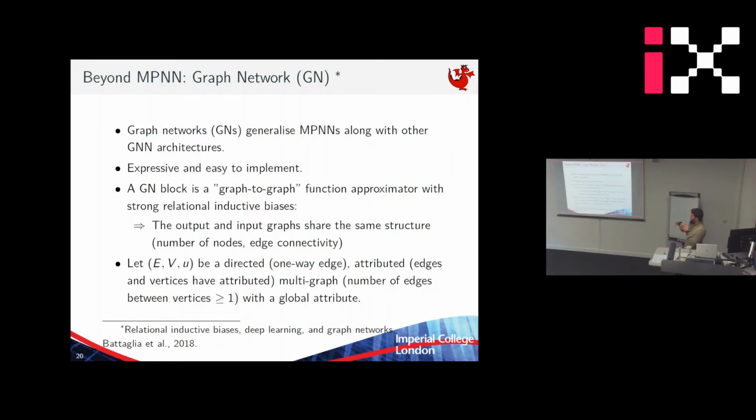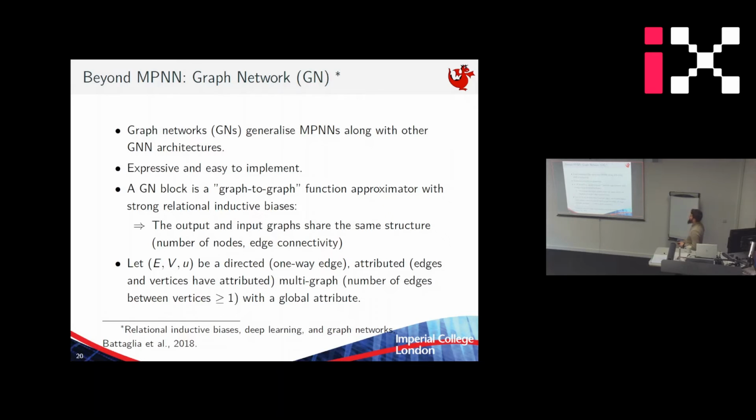The thing to keep in mind is when I say graph to graph, the output and the input, when you do that transformation, the output graph you get has the same structure as the input graph. So same edge connectivity, same number of nodes, but with updated feature attributes. And the definition of a graph is slightly augmented here.